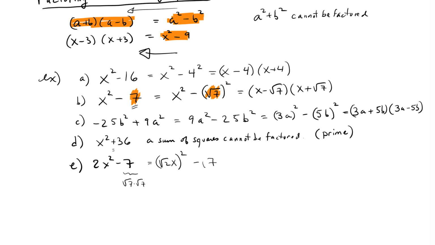So what I can write here is minus root of 7 squared. So I've got a difference of squares. This is like a squared minus b squared. So it's going to give me a plus b times a minus b.